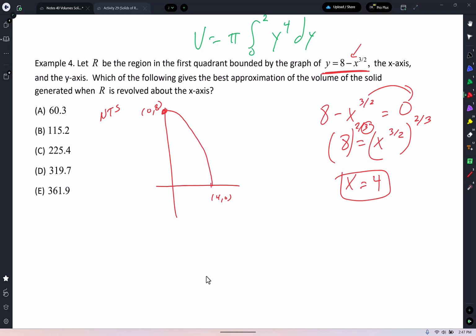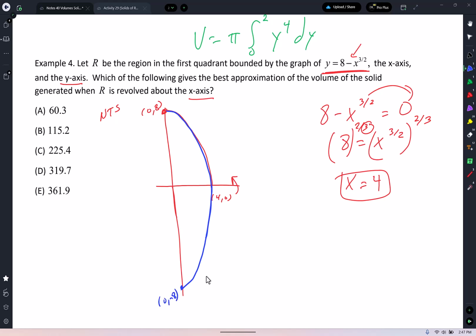And I'm rotating this about the y-axis. Oh, man. The x-axis. I almost made a mistake. The x-axis. So let me stretch this guy. And so here it is. So there, that's the maximum there. That's 0, negative 8.